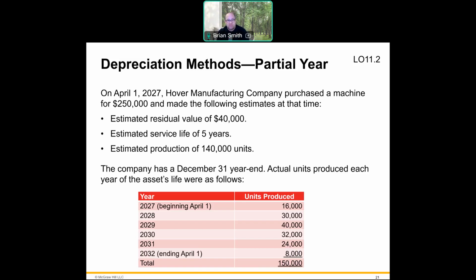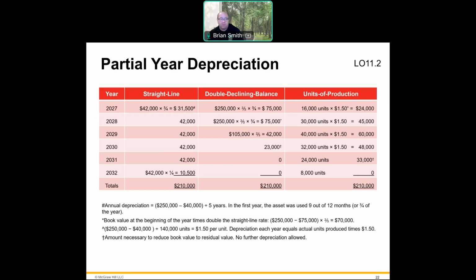In this case, we're going to look at this as a partial year depreciation method. In April, we're going to take 3/4 of that. Since it's the beginning of April, we've only missed 3 months, so we're going to take 9 divided by 12, which is 3/4, in the first year. We do that for every one of these depreciation methods except units of production, because that method is whatever we produced.